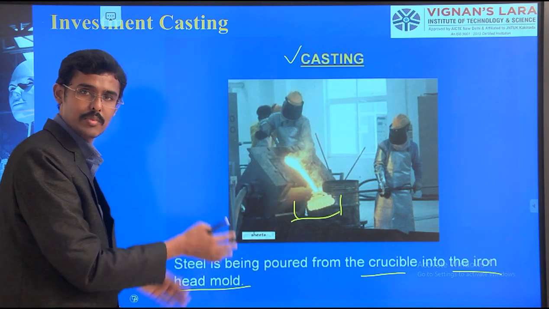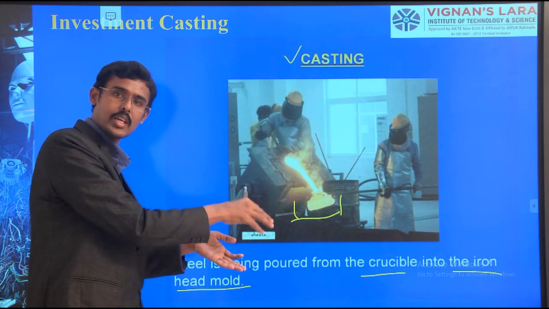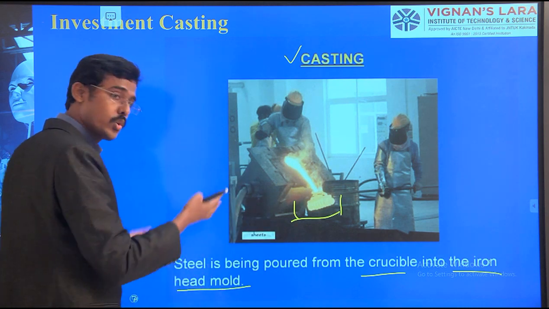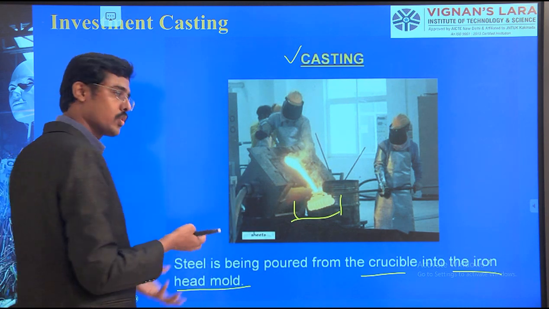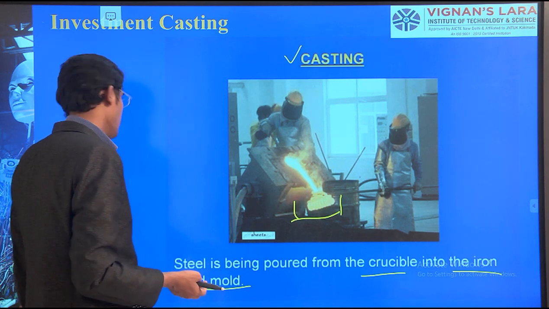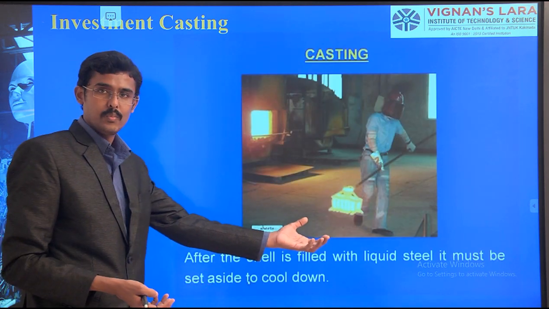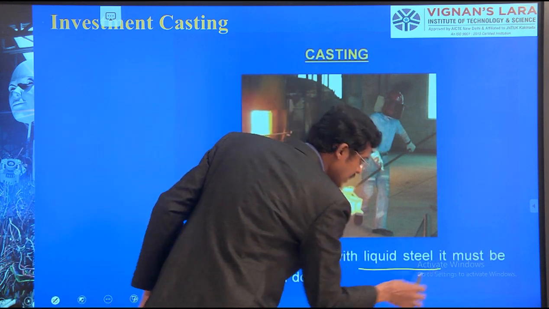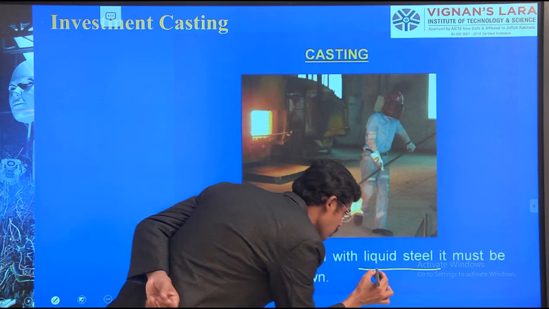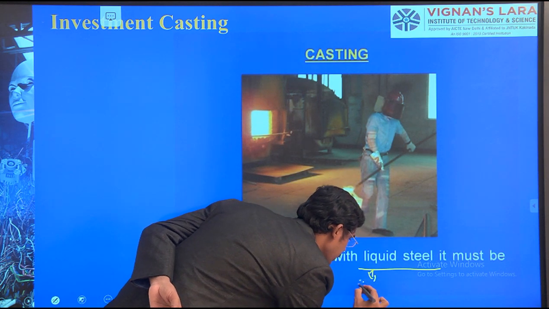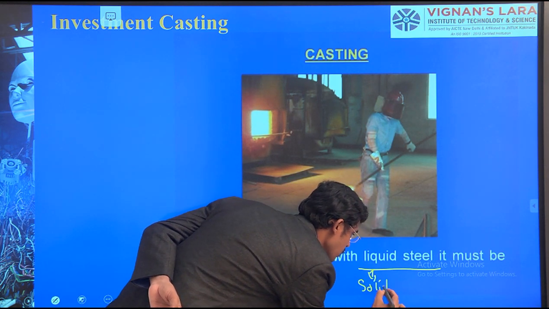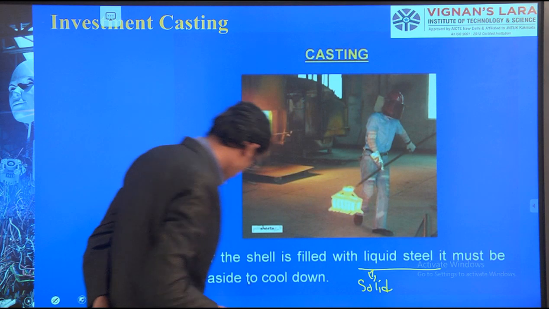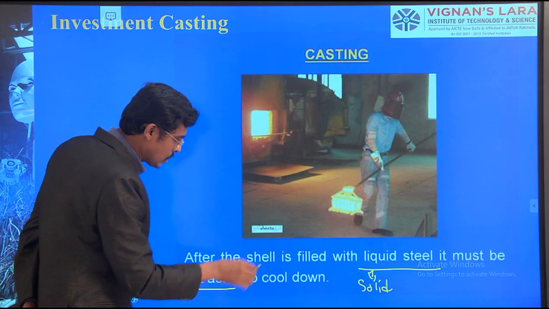What is the next step? It is to be solidified here. Pouring and solidification are to be done. We should wait for a while; we should not break it immediately. We are waiting now. After the shell is filled with liquid steel, the liquid should be converted into solid. It must be set aside to cool down.